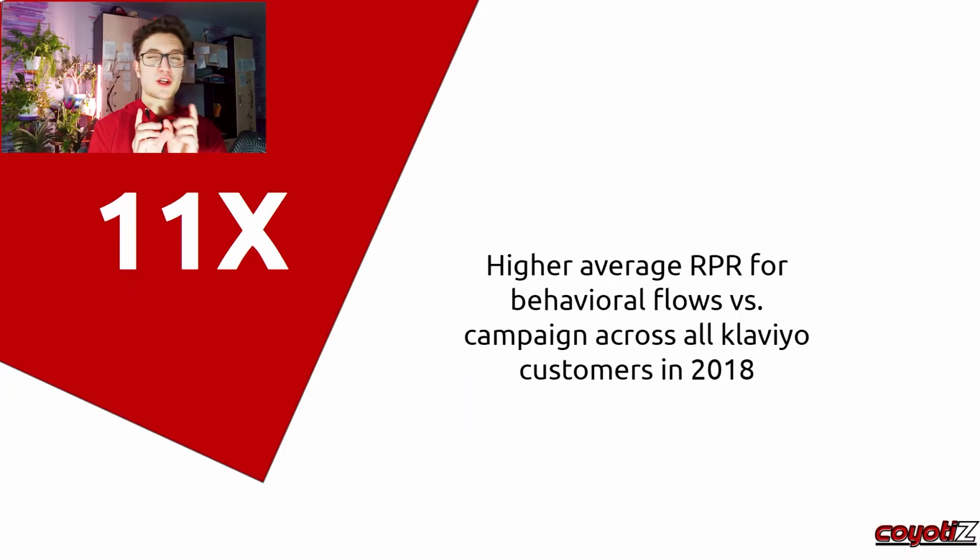Your flows and automation actually make 11x of what you would make from campaigns, a one-off send to basically your whole list. And even here, you still want to use segmentation, and you could go really granular with it. For example, the basic overview would be sending by engagement: 30 days, 60 days, 90 days, 180 days.